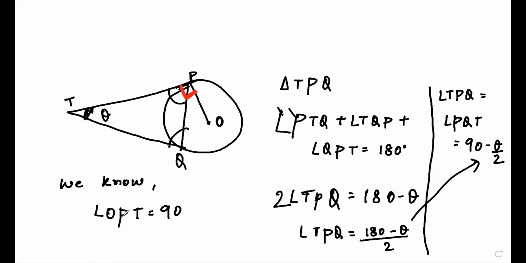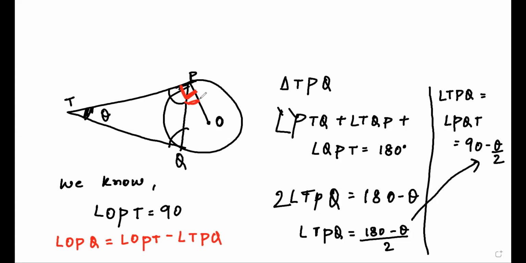So here we can say angle OPQ is equal to the total angle OPT minus angle TPQ. Is it clear to both of you that we can write this smaller angle as the total angle minus the other angle, that is TPQ or QPT? Are you getting it?